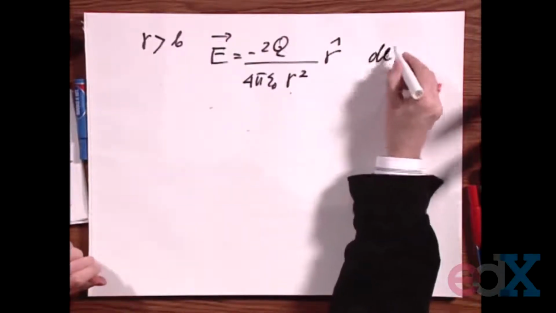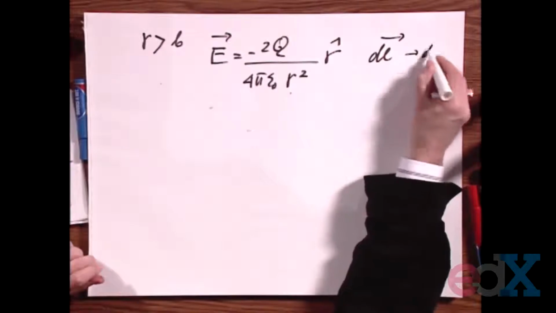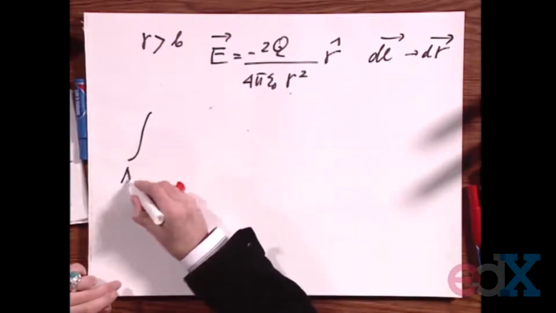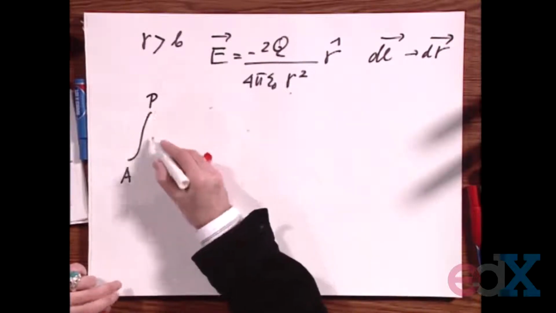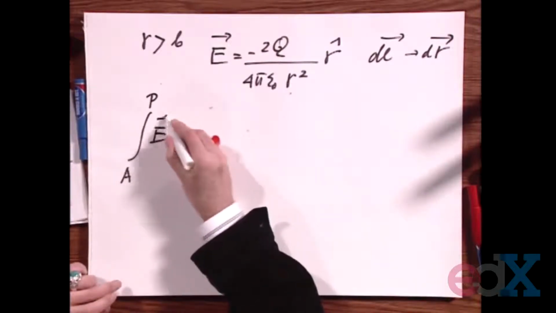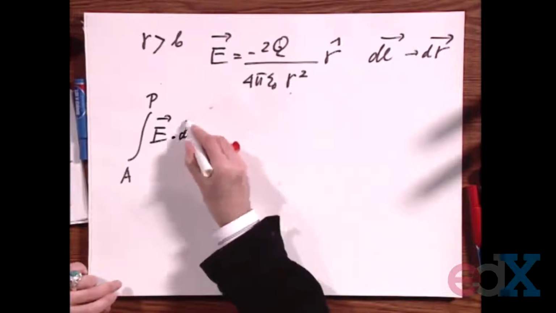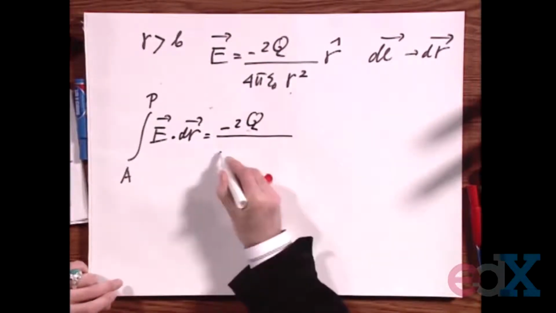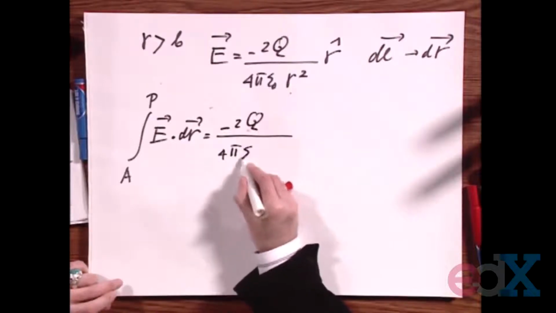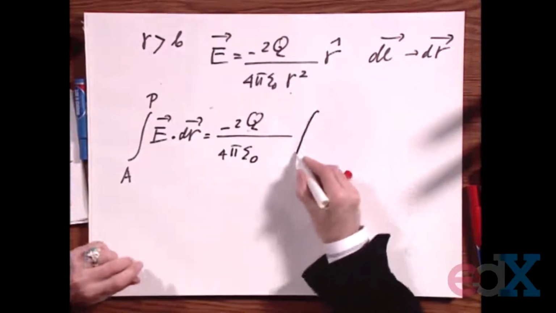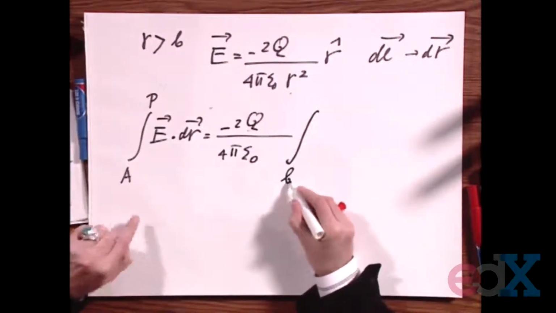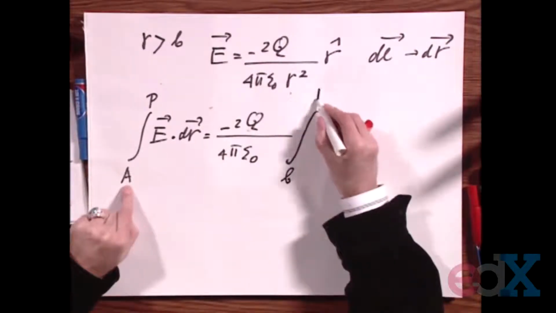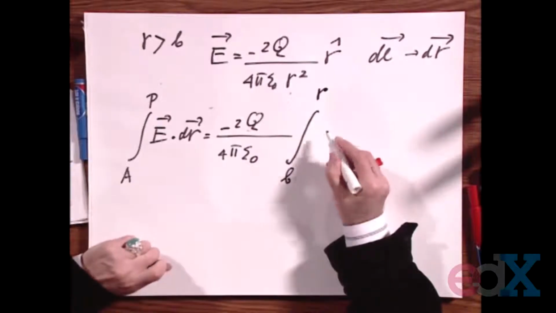And of course I will write down for dl, I will write down dr. So the integral from point A to point P of the E vector dot dr can now be written as minus 2q divided by 4 pi epsilon 0 times the integral going from location r equals b, that was that point A, to r equals r, that was that point P.